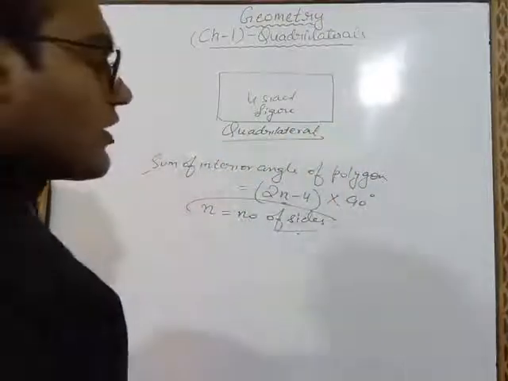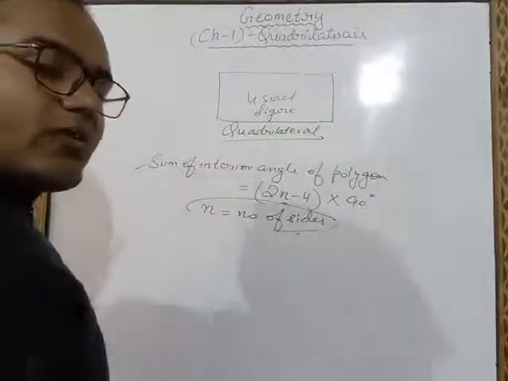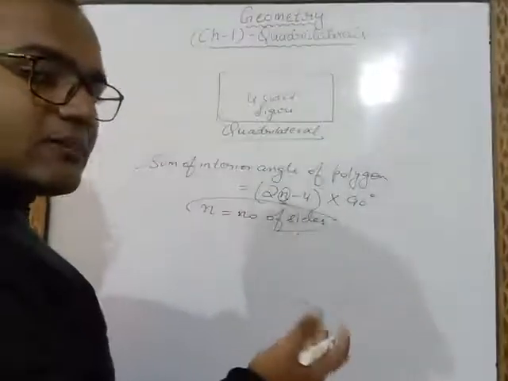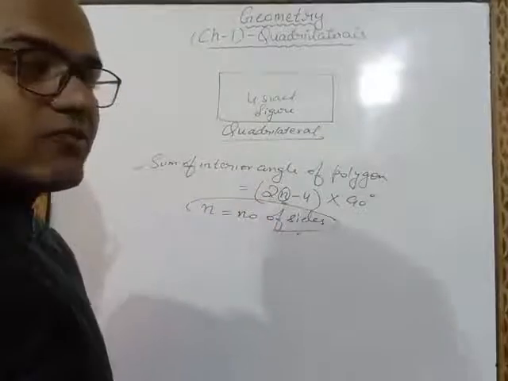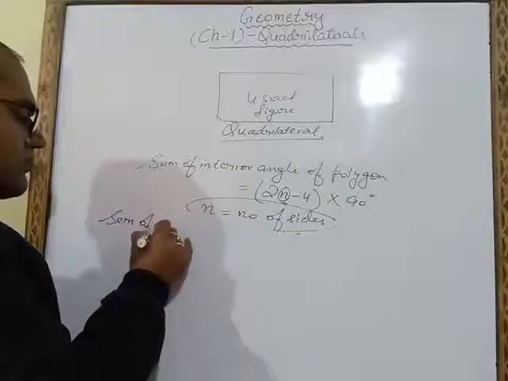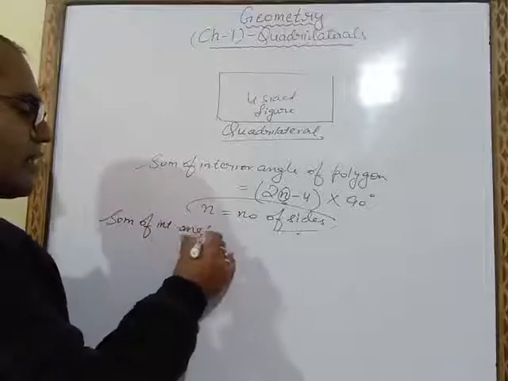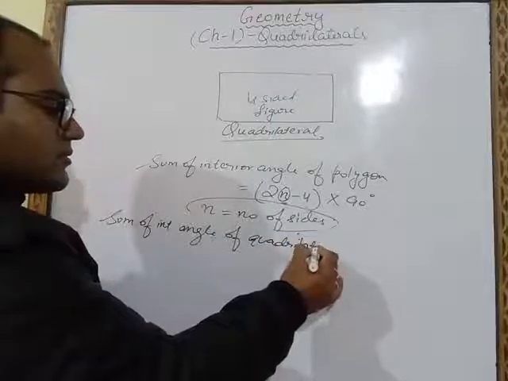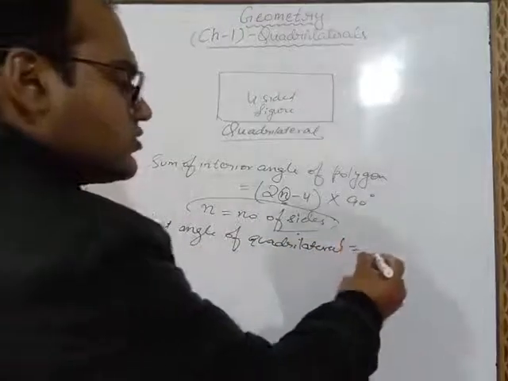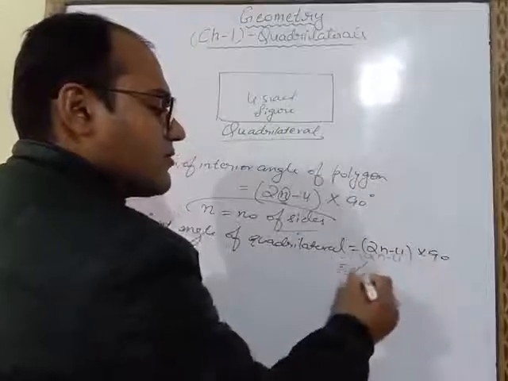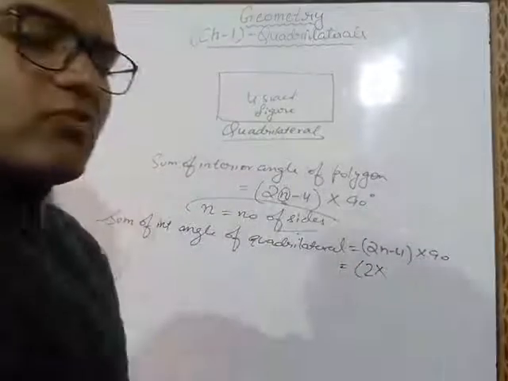Now in order to find the sum of interior angles of a quadrilateral, what we have to do here is put the n value. n means number of sides. How many sides does this figure have? 4. So we will take the formula: sum of interior angles of a quadrilateral is (2n minus 4) into 90, where n is equal to 4.